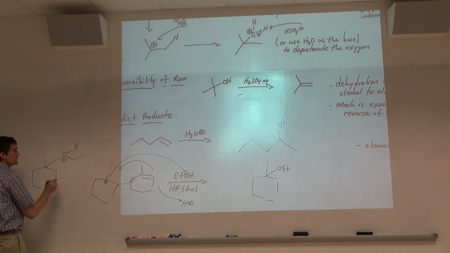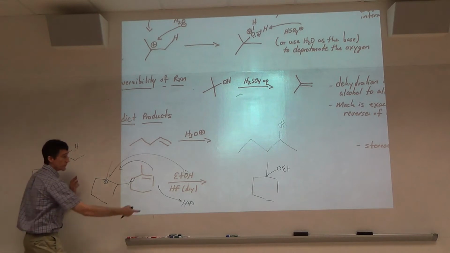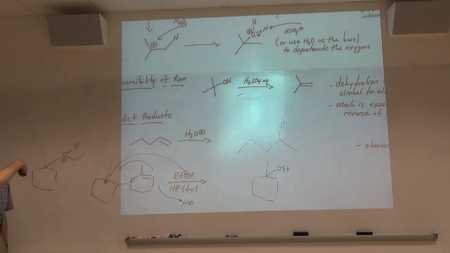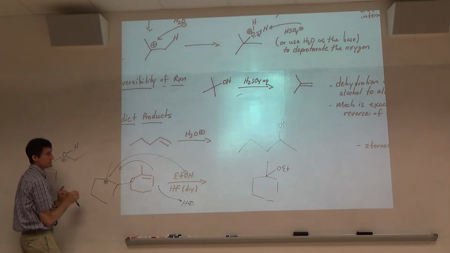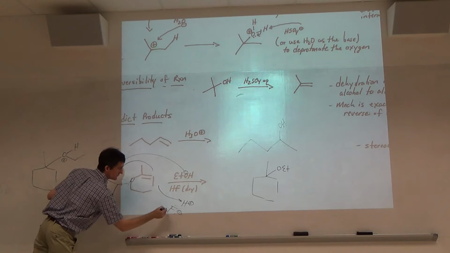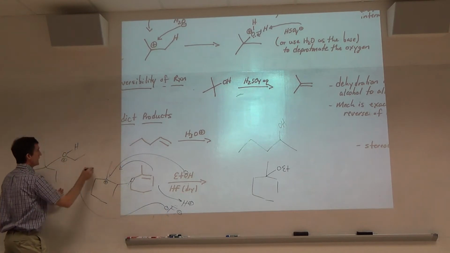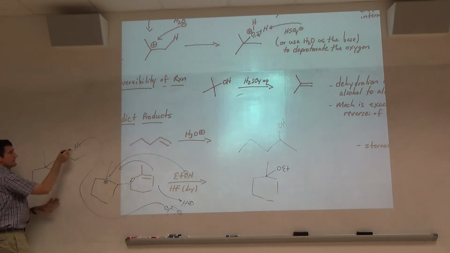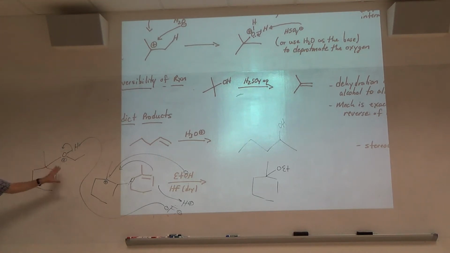That's a positive charge. Okay. Now you're going to reform your catalyst. That's what I told you up there. Reform the catalyst. So what's going to take the H? F minus. And so these electrons take that H. These electrons remain on the oxygen. And when that happens, what do you get?